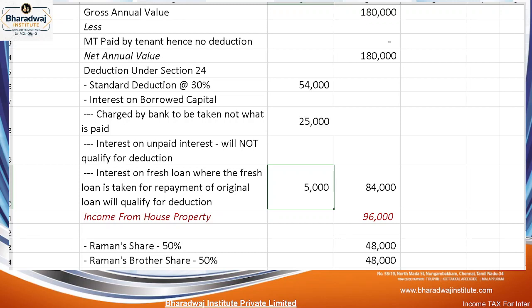Municipal tax is allowed as a deduction only on payment basis, but interest on loan can be deducted on accrual basis. You can pause and copy this if required. We will move on to the next question.